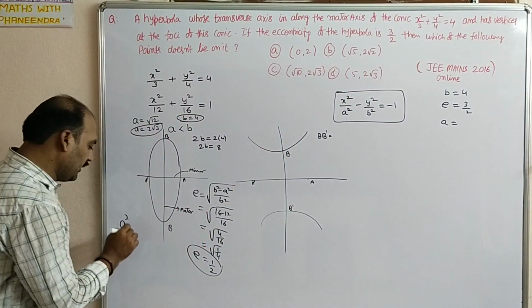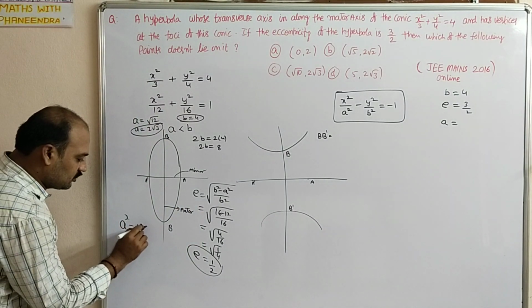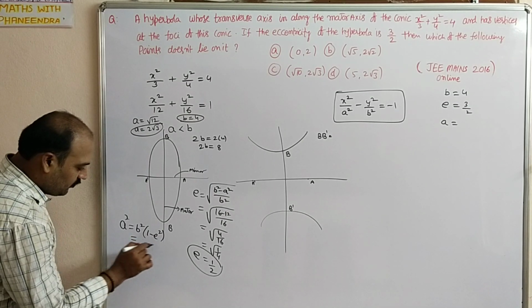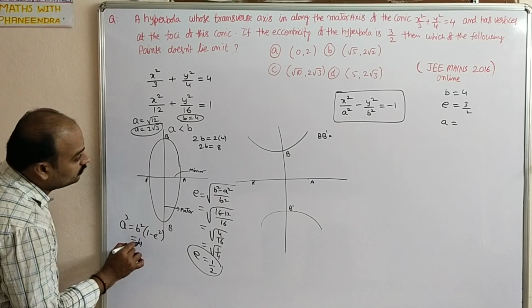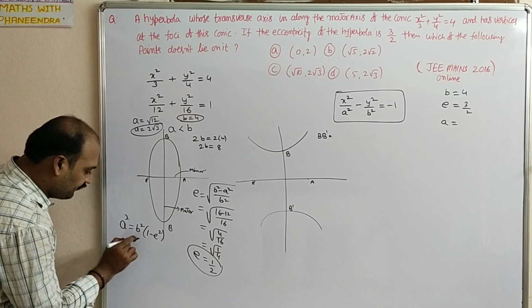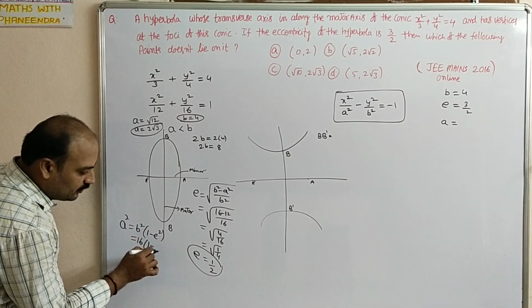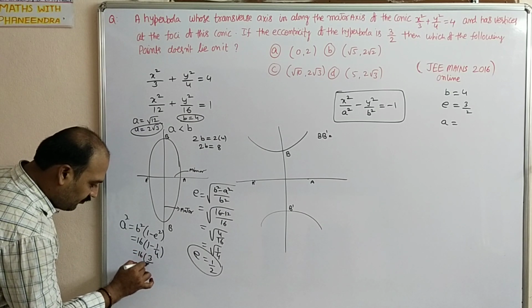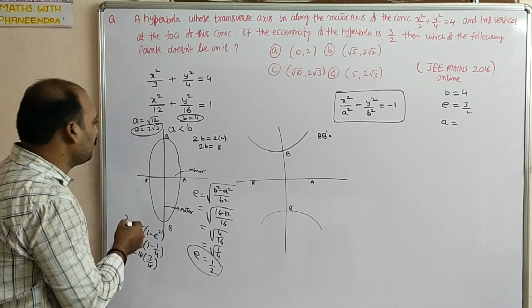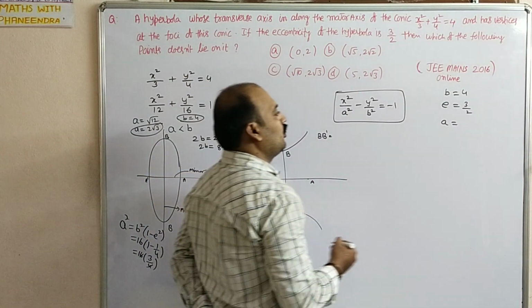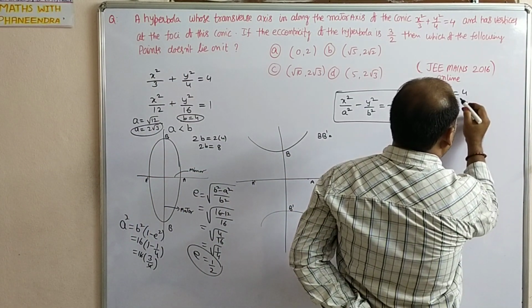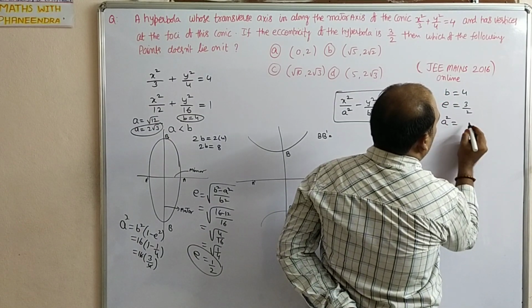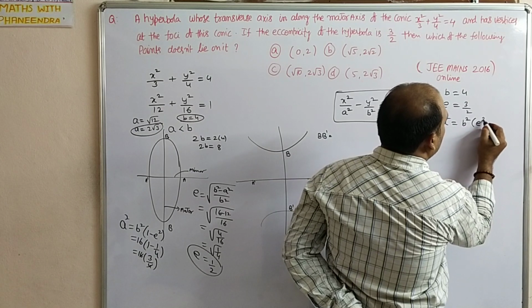So a square is equal to b square into e square minus 1.